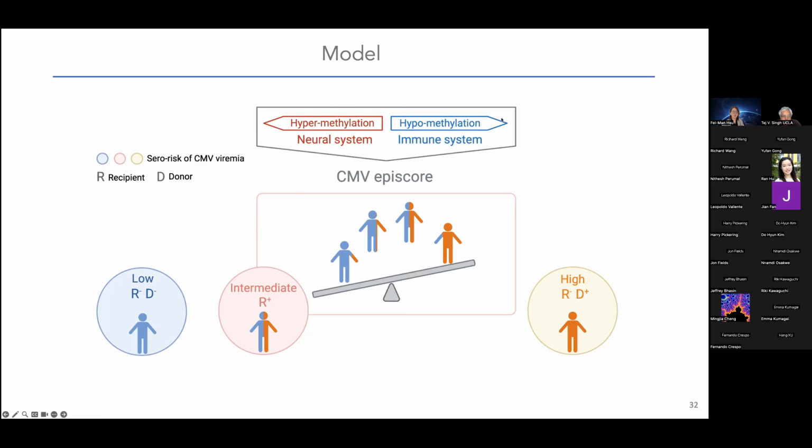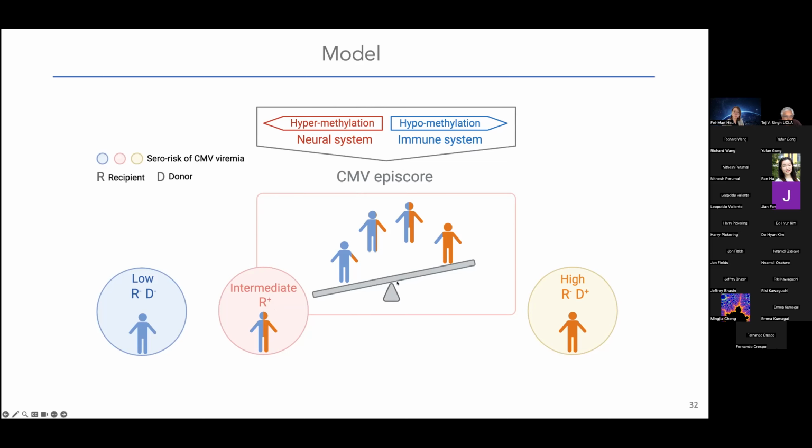Over this methylation profile, we derive a CMV epi score per individual, per patient. So these scores can help us do risk assessment for those CMV positive transplant recipients.